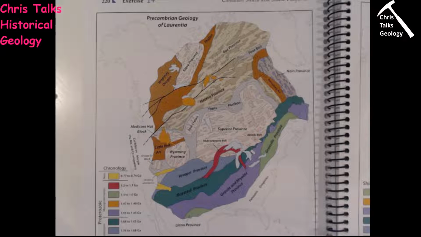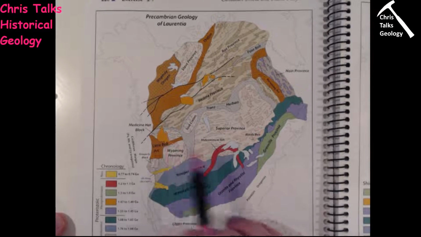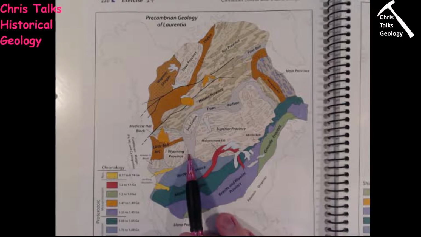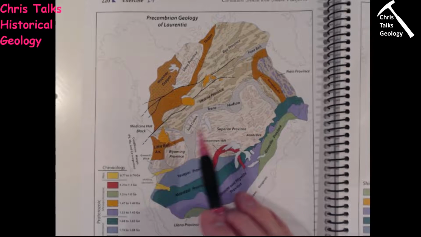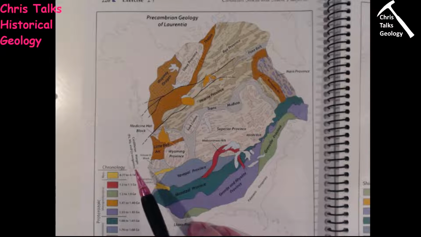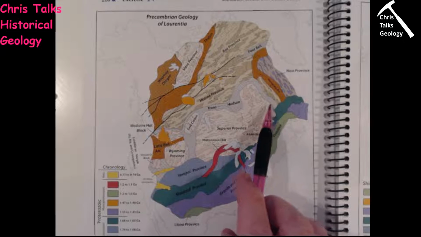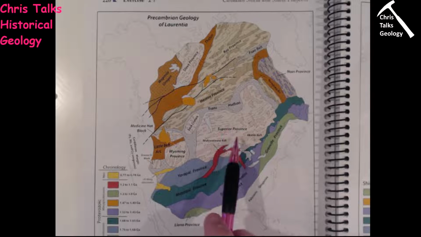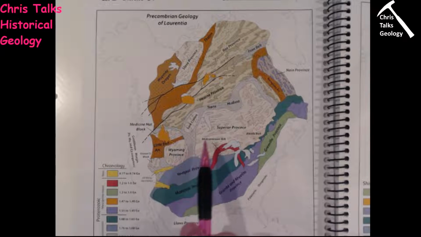So all of these provinces combined form the core of North America. Now the other thing you'll see on this diagram is this grey band coming through here. This is the Trans-Hudson Orogeny. Going back to the lecture, you will know that the Trans-Hudson Orogeny represents the location of a very large mountain belt that was produced by the collision of the Superior Province with the Hearn Province and the Wyoming Province with the Hearn Province and the Superior Province.